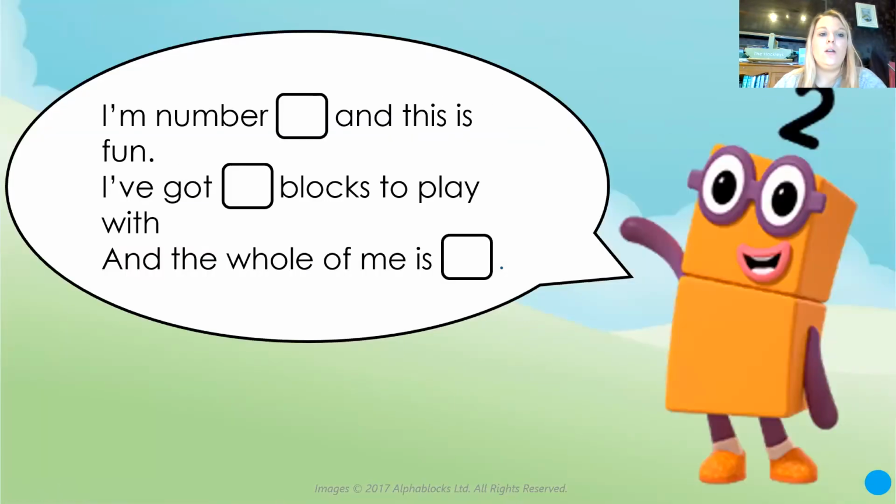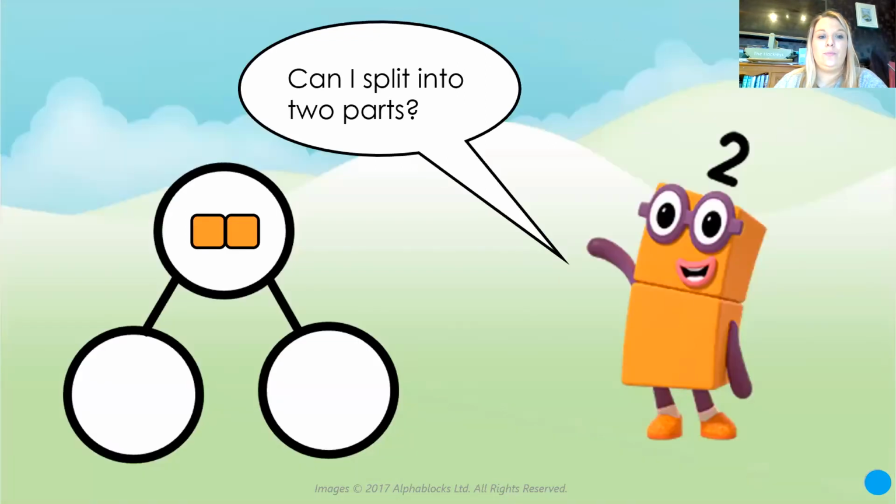Okay. I'm number 2, and this is fun. I've got 2 blocks to play with, and the whole of me is 2. Can I split 2 into 2 parts? So my whole, which is the top bit here, is 2. What will my 2 parts be? The whole of me is 2.